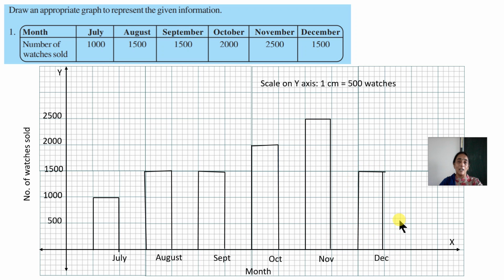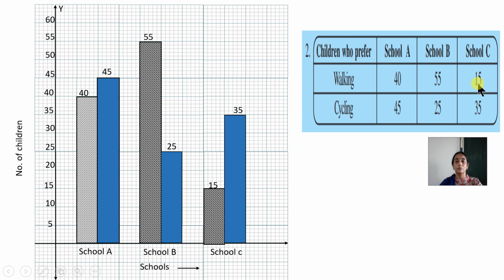Okay, now how to plot a double bar graph. So let's see that also. Now here, you are given children who prefer walking and cycling. Do you prefer walking and cycling? I hope you like both. Now in school A, school B and school C, they have found out how many children prefer walking and cycling.